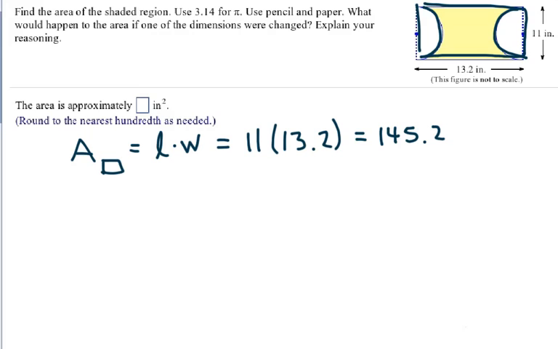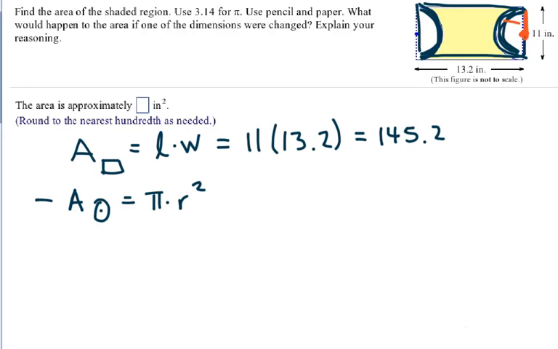Then I have to take away the area of the circle. Do you see, hopefully, that this is half a circle here, and this is half a circle here, so we're taking away the whole circle. Now, the area of the circle is pi times radius squared, and the radius of the circle is from the center of the circle to the outside of the circle, which means it's half of 11.